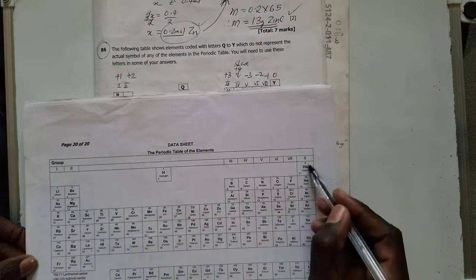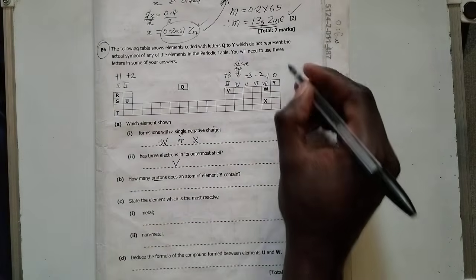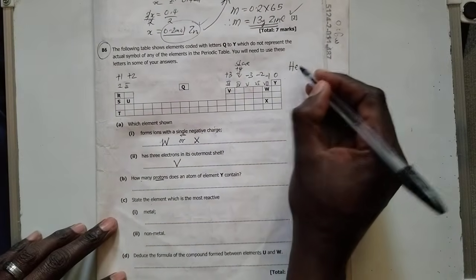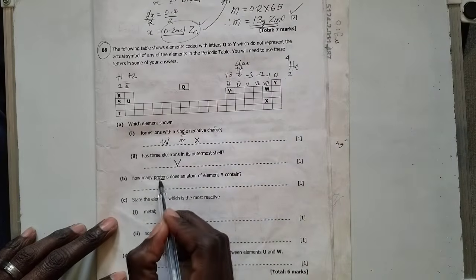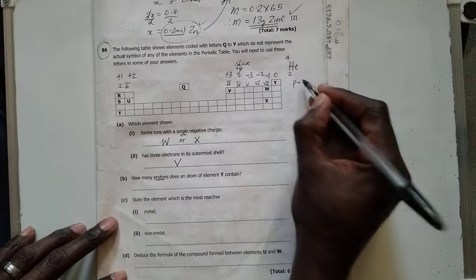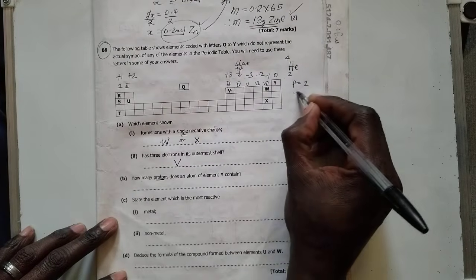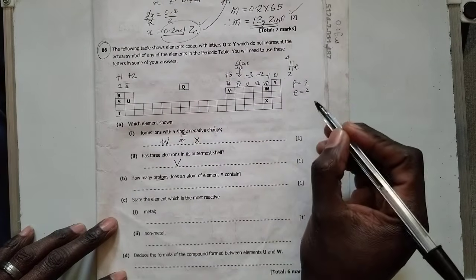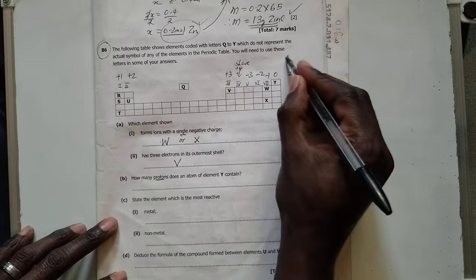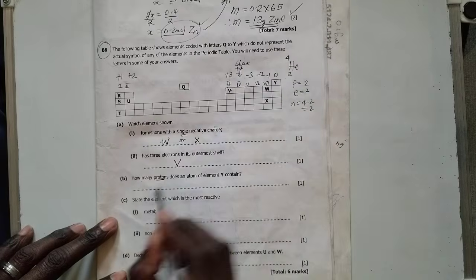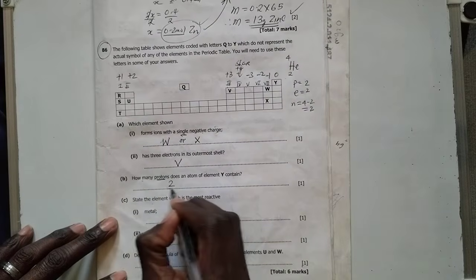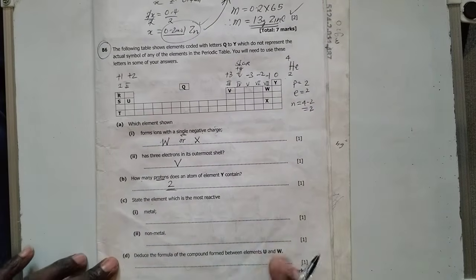Now if you look at helium, He, it has proton number 2 and nucleon number 4. So the number of protons is simply 2. It means that the number of electrons will also be 2. The number of neutrons is 4 minus 2, which will still give us 2. So there are only 2 protons.